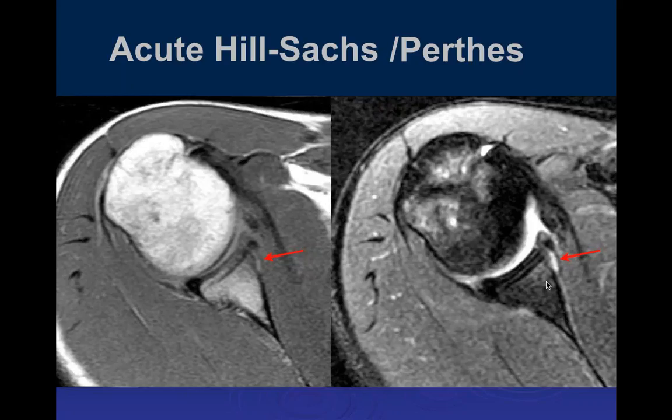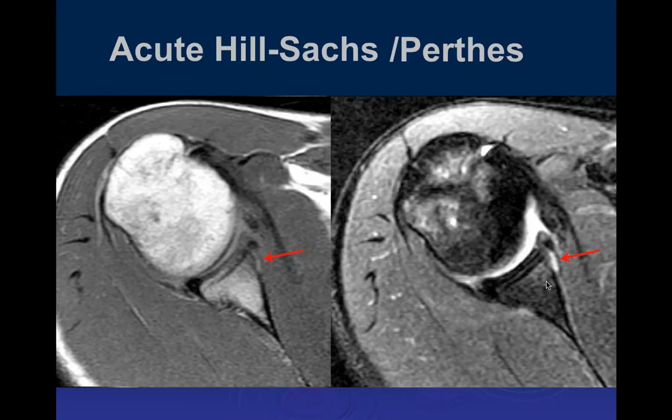John, what do you think of this? In Campbell's, Perthes really is not used as such to describe the lesion. But in terms of history, Perthes came out with a paper in 1887 or something like that.